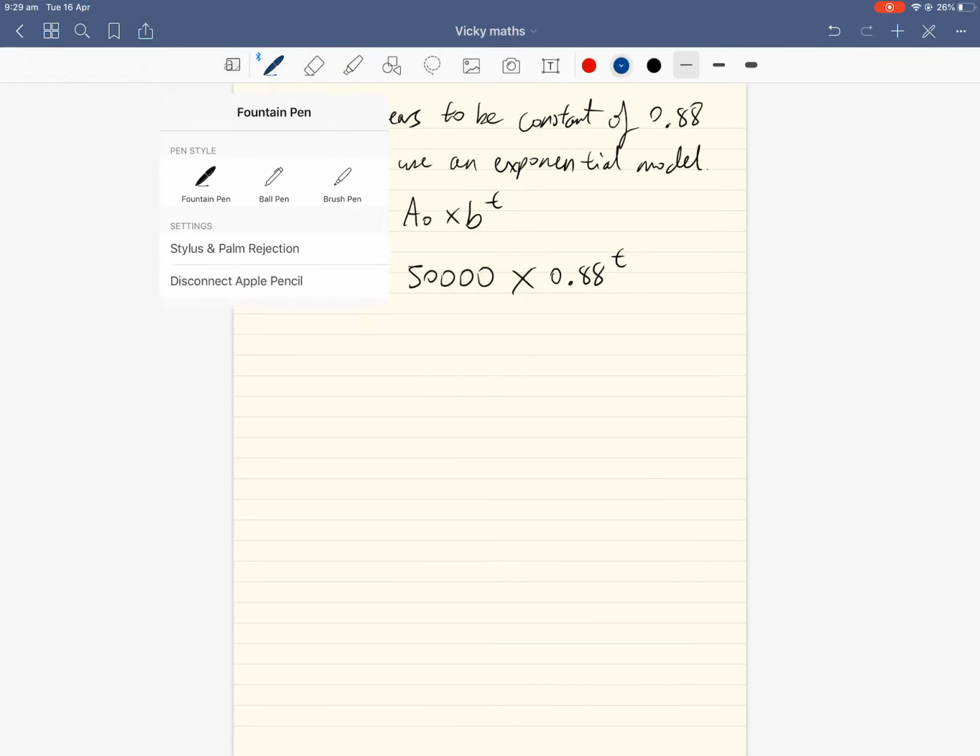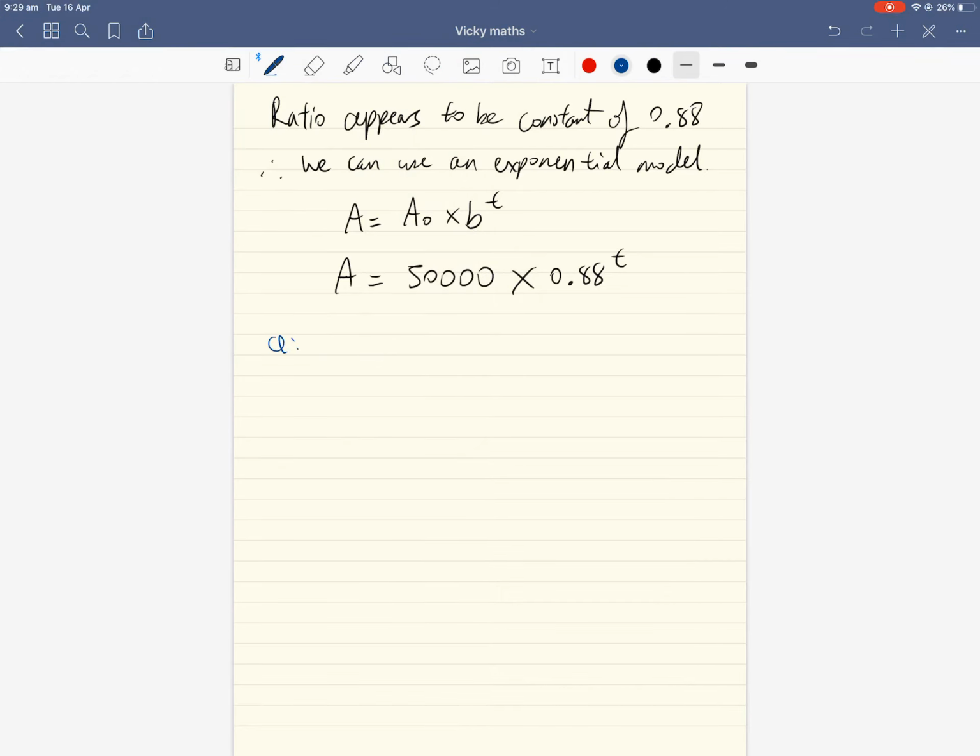Again, we can also work out a subsequent question of how many people are there in the city after 10 years.